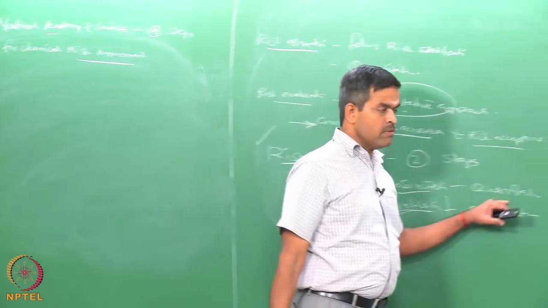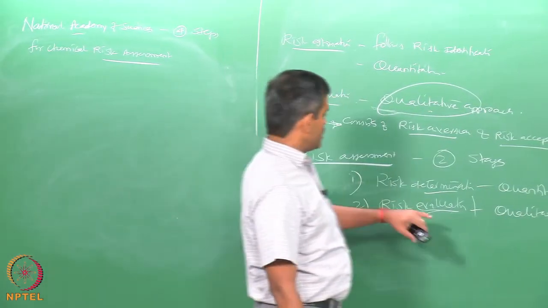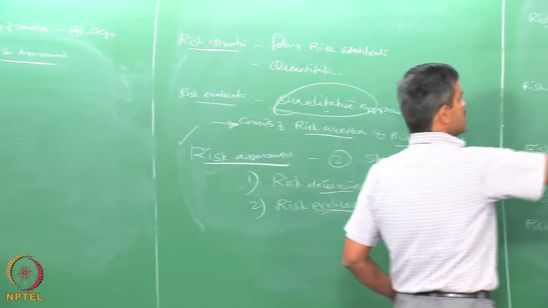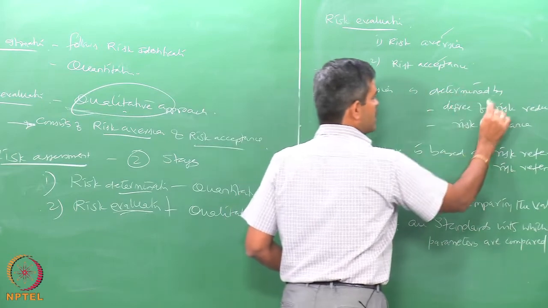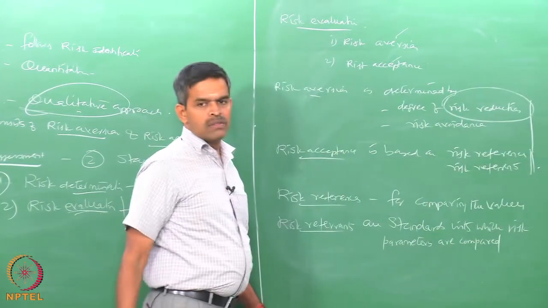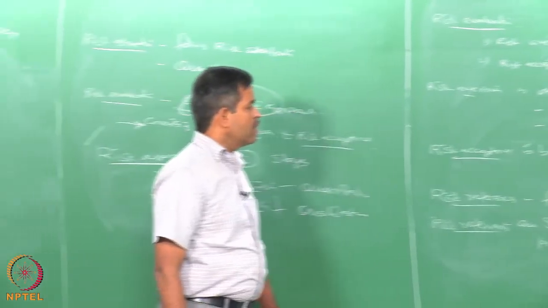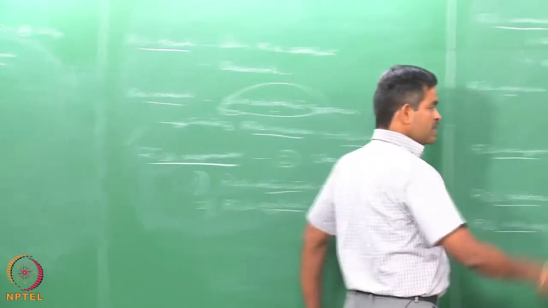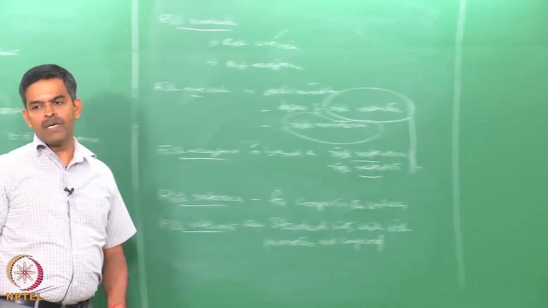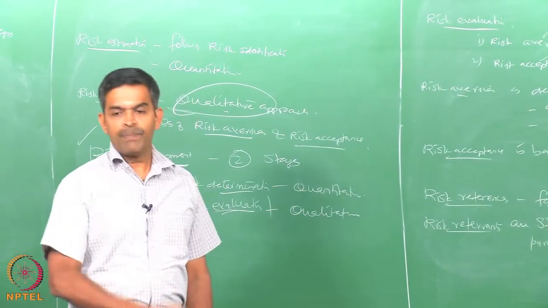One is quantitative, other is qualitative. Risk evaluation has risk aversion and acceptance, whereas aversion is based on the degree of risk reduction you adopt and the risk avoidance policy you have in your company or in your plant, whereas risk acceptance is purely based upon your references. So, it all depends upon what you call a referent to compare risk.